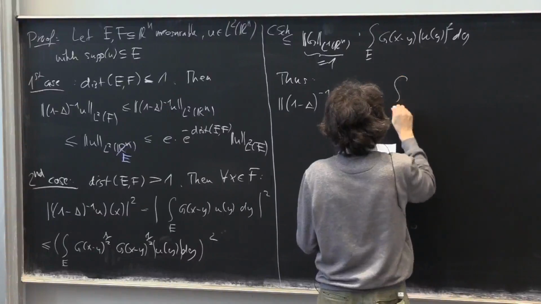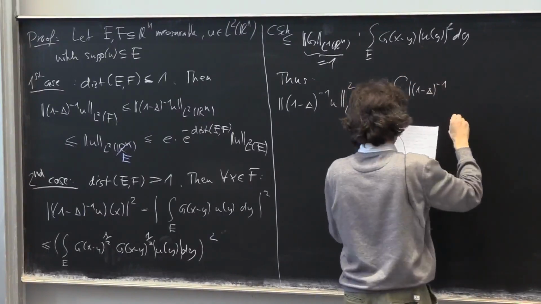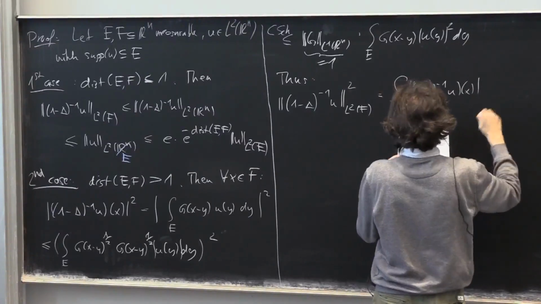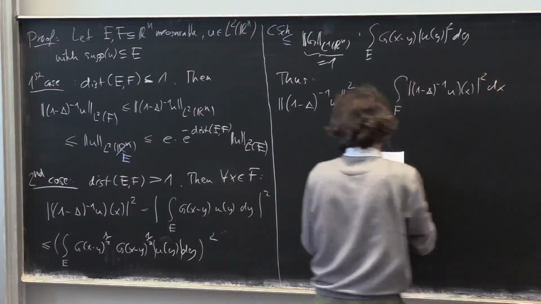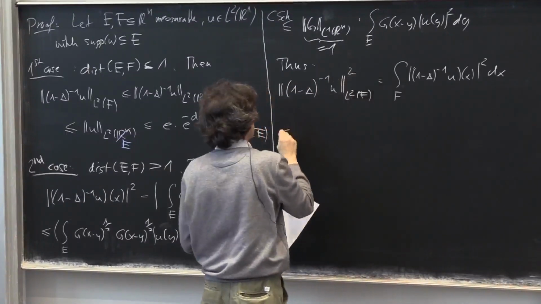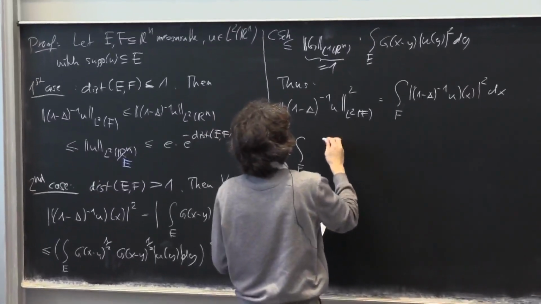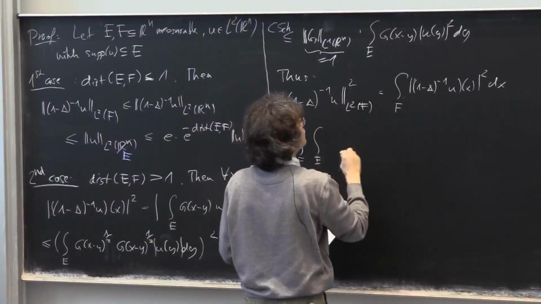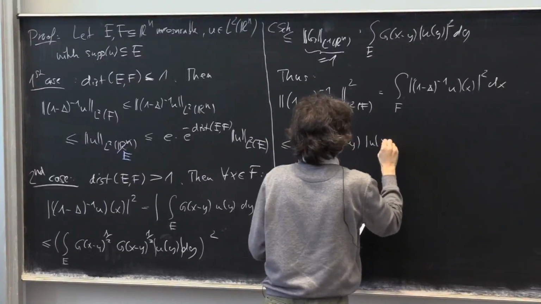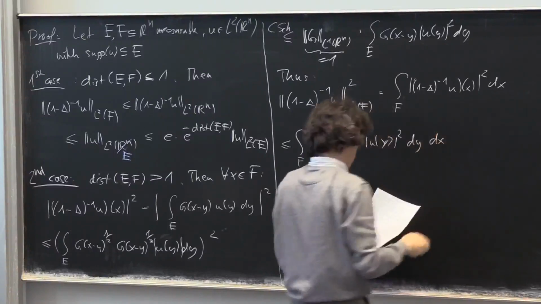This is the integral over F of the term that we just looked at, 1 minus Laplace to the minus 1 u of x modulus squared dx. So this is what we just estimated. Let's put in the estimate here. So this is less or equal the integral over F, of the integral over E of g of x minus y, u of y modulus squared dy dx.